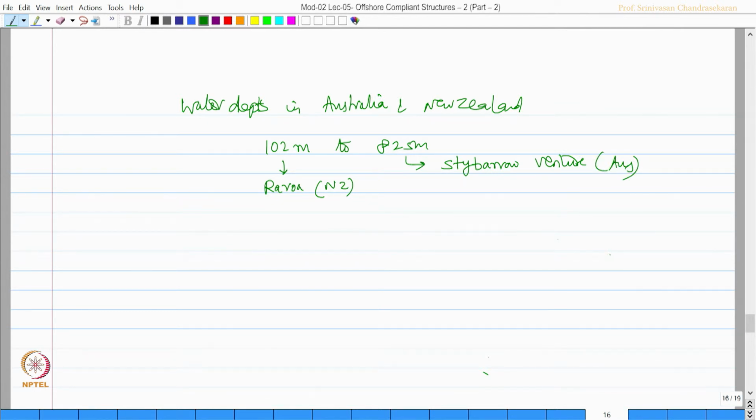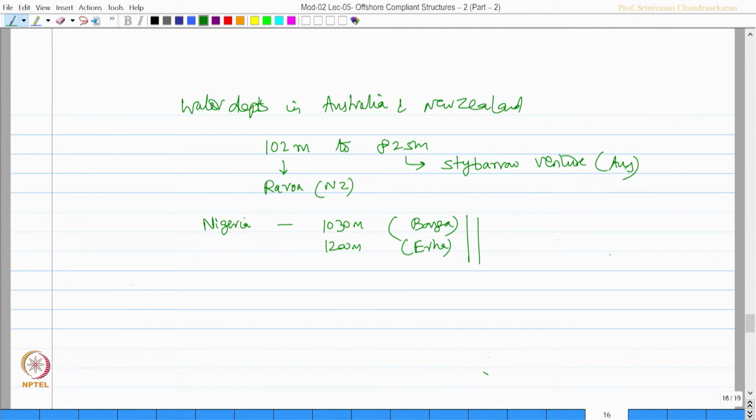You also have FPSOs in Nigeria at greater depths of 1030 meters, for example Bonga. You also have something at 1200 meters, which is Yenza, and so on. More details can be seen in the reference books which we have listed in the NPTEL website.